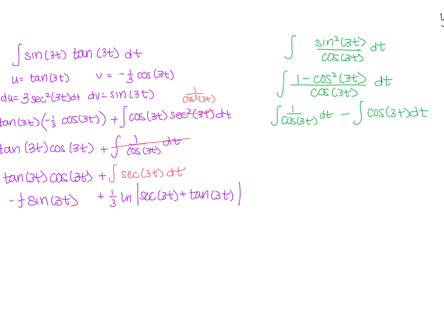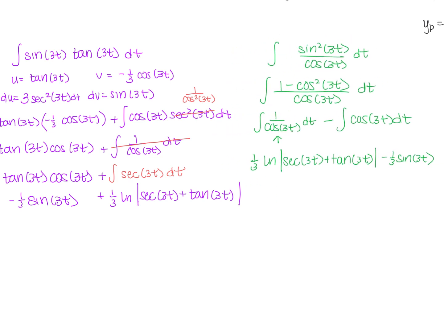And again, this would require us to know that same rule that we just looked at, which with the u substitution, or the chain rule, basically undoing that 3t, this would be 1/3 times the natural log of the absolute value of secant of 3t plus tangent of 3t, minus, and then the antiderivative of the cosine of 3t would be 1/3 sine 3t. So we get the same result either way. Really, it just requires you to know trig identities or some crazy integration rules in both cases.